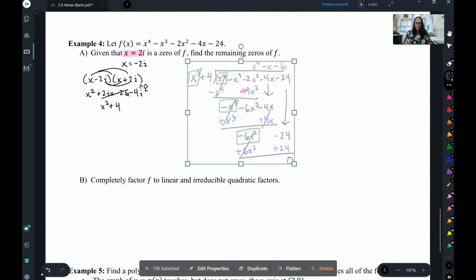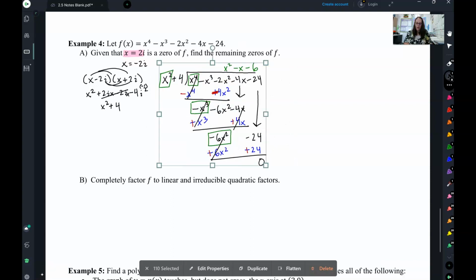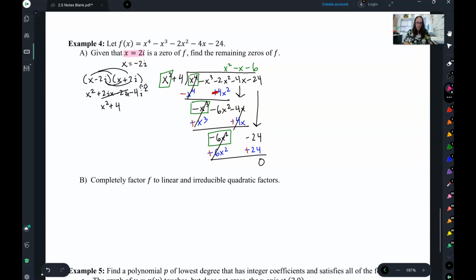And now that my long division is done, I can write my multiplication statement. My multiplication statement is my irreducible quadratic, x squared plus 4, times this answer I got, x squared minus x minus 6, which we can now fully factor.